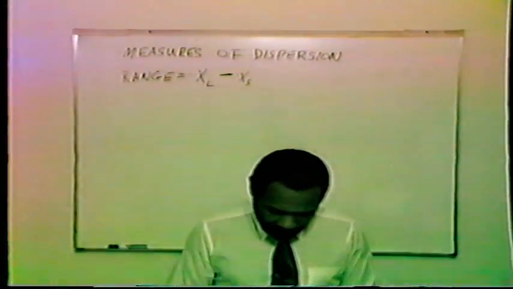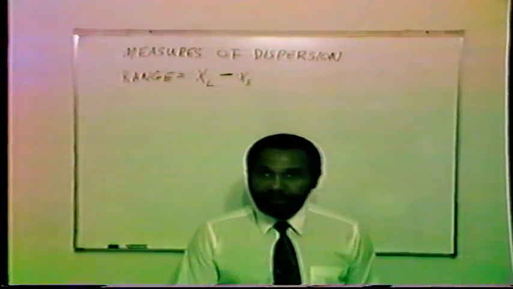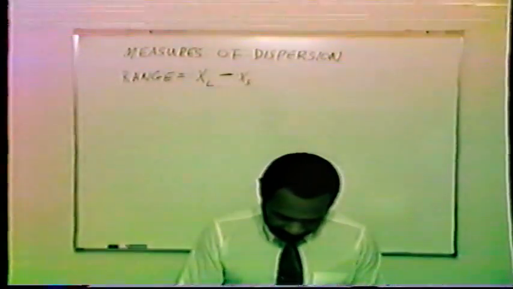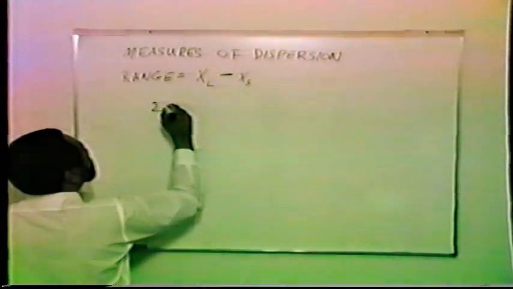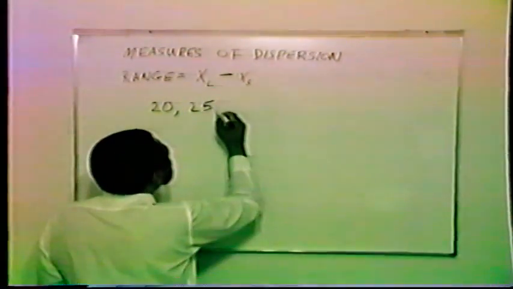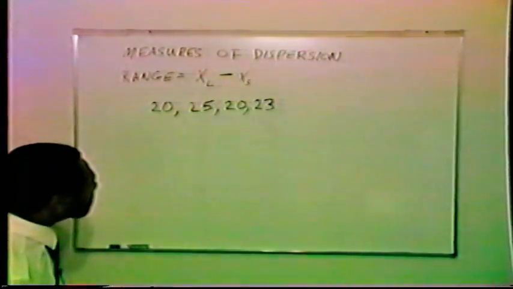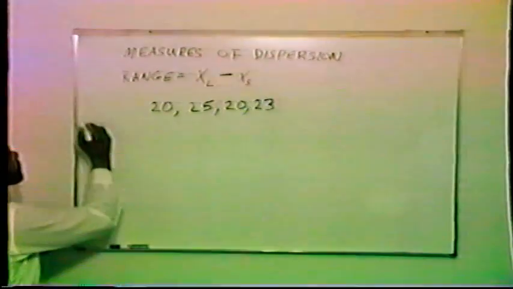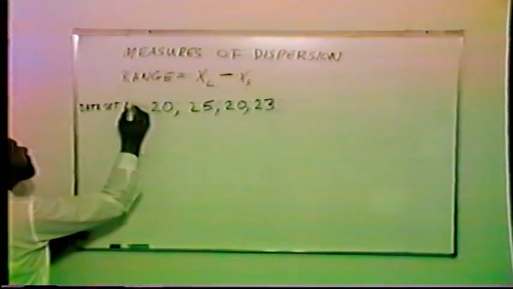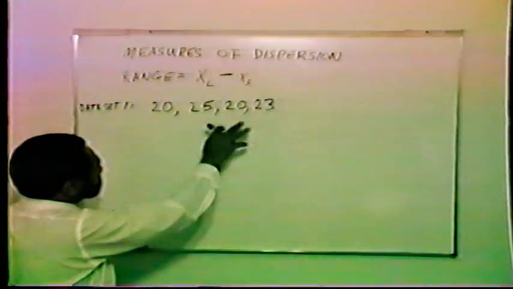And let's say that for the first process, the grams of sodium chloride produced from 4 different experiments are 20 grams from the first experiment, 25 grams from the second experiment, 20 grams from the third experiment, and 23 grams from the fourth experiment. And let's call this data set 1. This is the first data set from the experiments with one of the processes for producing sodium chloride.